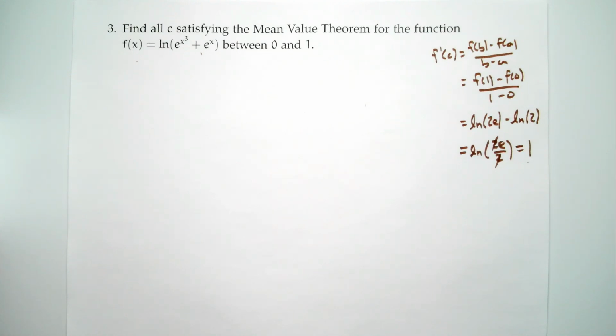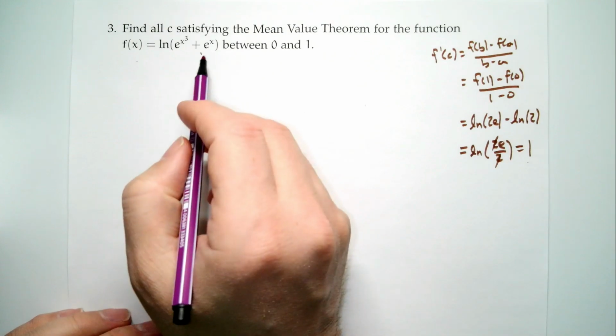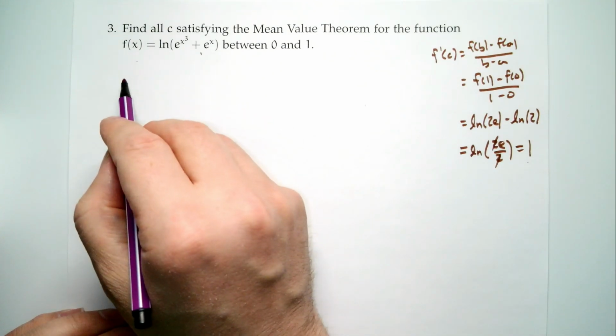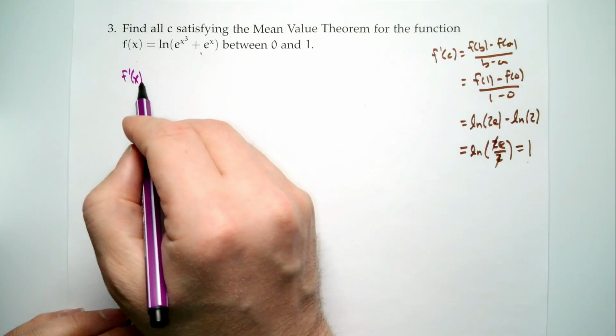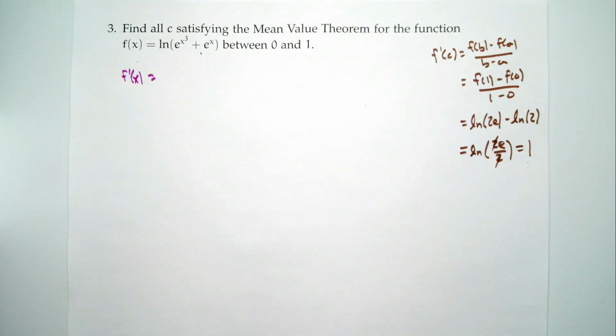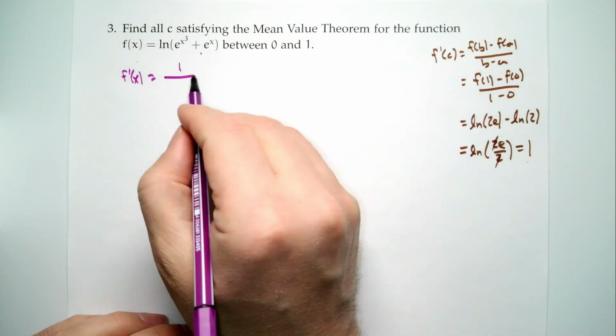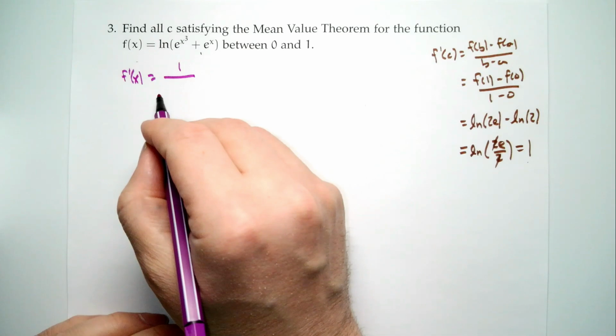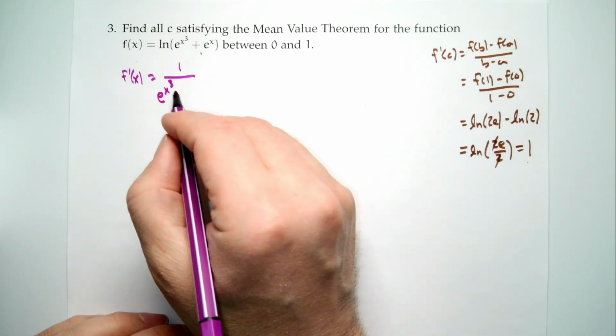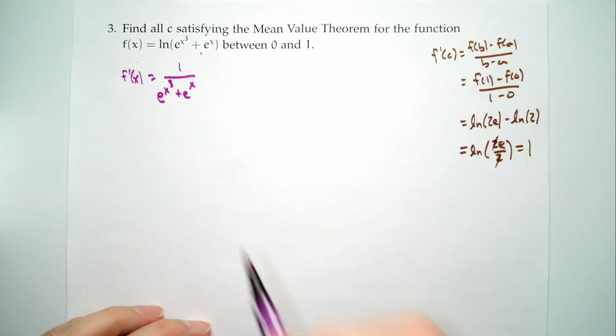Okay, well, how do we take the derivative of natural log of e to the x cubed plus e to the x? Well, it's actually pretty nice because it's a derivative of a log. Now, when you're taking the derivative of log, what you do is you take 1 over the inside. So in our case, the inside is e to the x cubed plus e to the x.